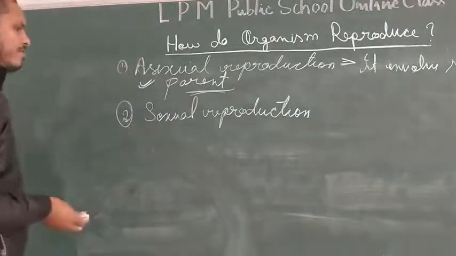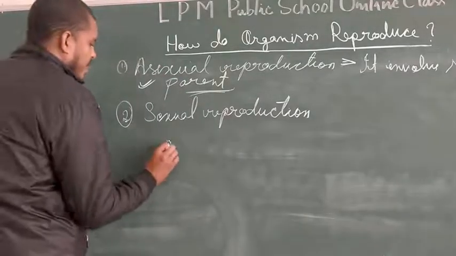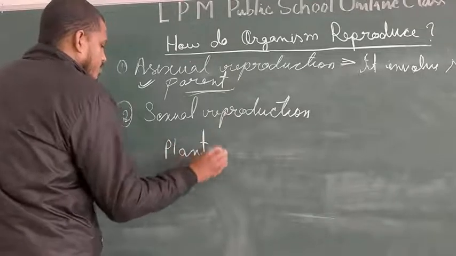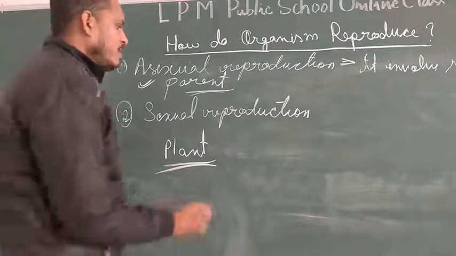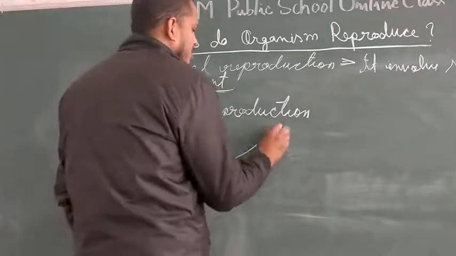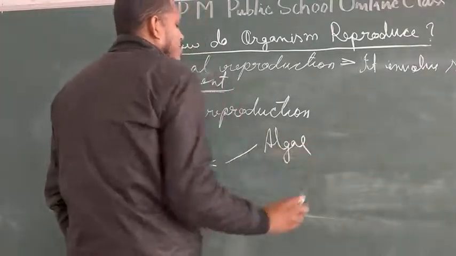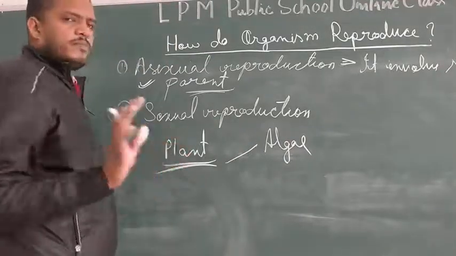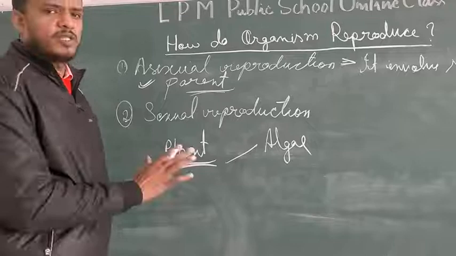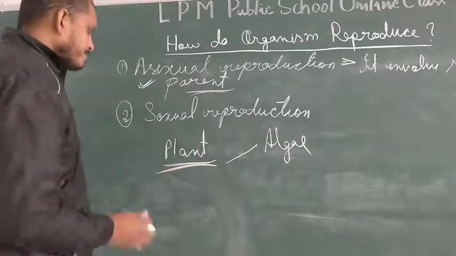Now see, when we take the example of plants. When we discuss the plant kingdom, we keep algae there also. Just to make your concept clear, I am discussing this, so please pay attention.